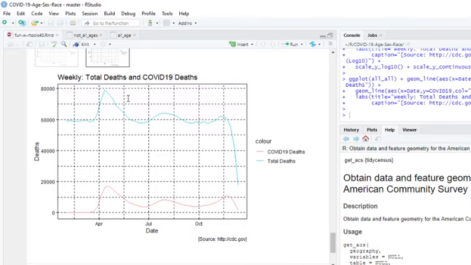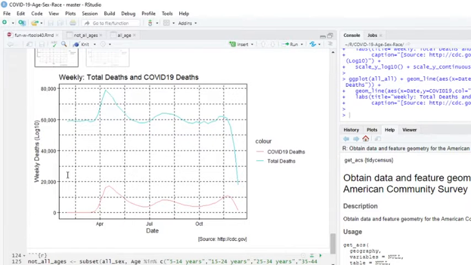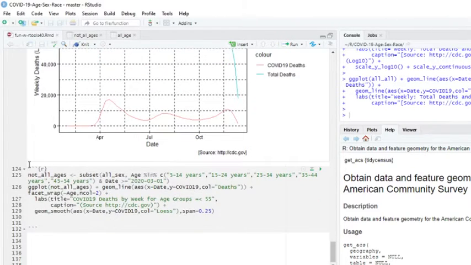Okay, so we look at the pure numbers. You can see that this basically tells us the difference between the COVID-19 and the actual deaths. Let's come back over here. This is using a log 10 scale, okay? But even so, you can still see, look at the difference there. And what's this here now?